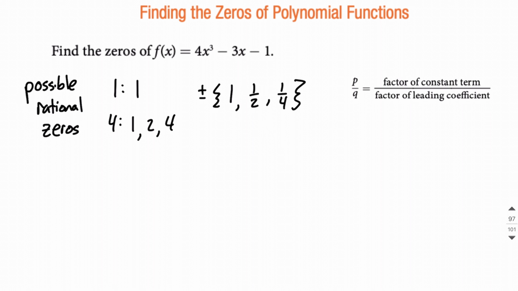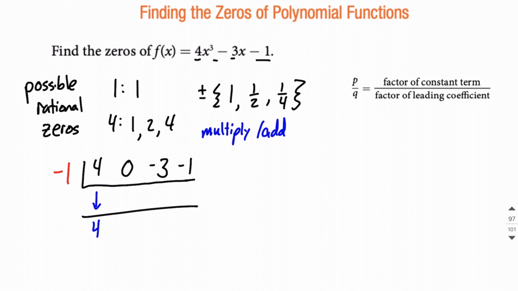So first of all, the 4 comes down, and we're going to multiply by that red -1 out in front. So -1 times the value at the bottom, the 4, makes -4. Then we add vertically. 0 plus -4 makes -4. -1, again, we're back to multiplying, times -4 makes +4. Add vertically, -3 plus 4 makes +1.